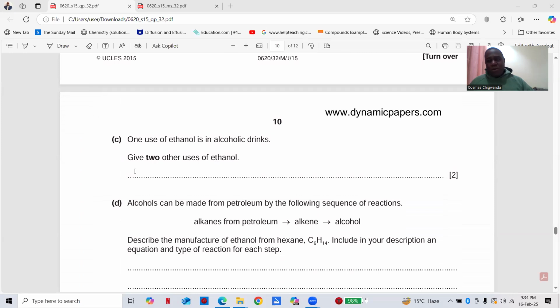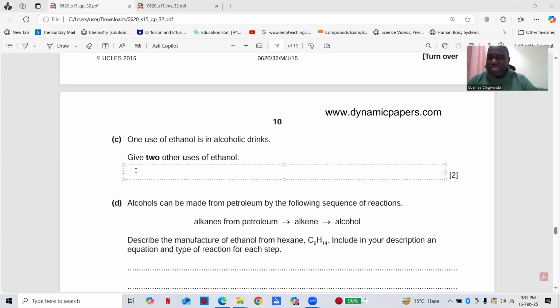One of the common uses of ethanol is as an additive in fuels. Suppose you've seen that in some countries, you come across E30, E60, E70 like that. The E stands for ethanol, okay? Remember, ethanol is highly flammable. So countries that don't have enough petroleum can manufacture ethanol and blend the ethanol with petrol.